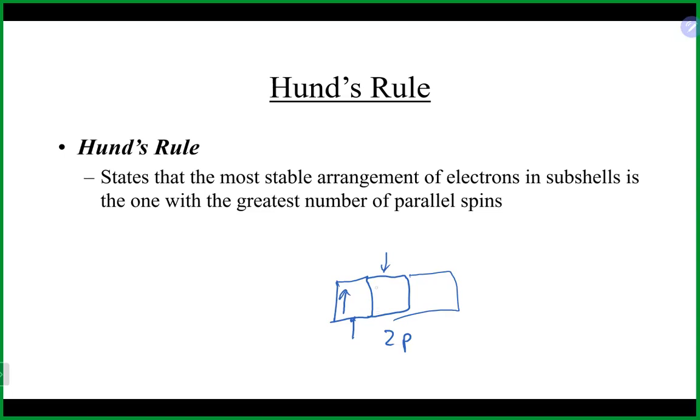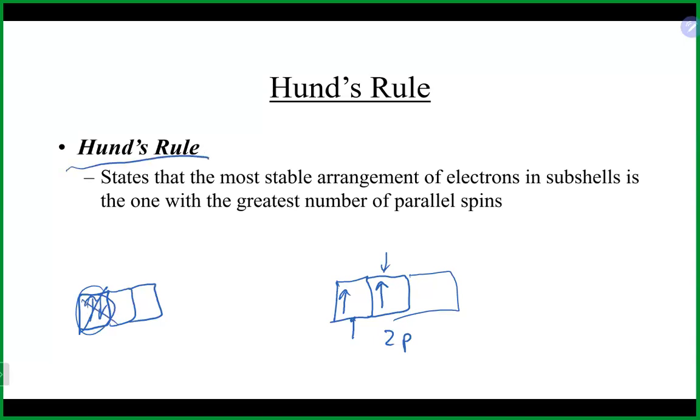So based on Hund's rule, the best way to do it would be to put another one going in the same direction in the orbital next to it. Again, if we put it in the first orbital, that would pair off our spins, which would not be good according to Hund's rule here.